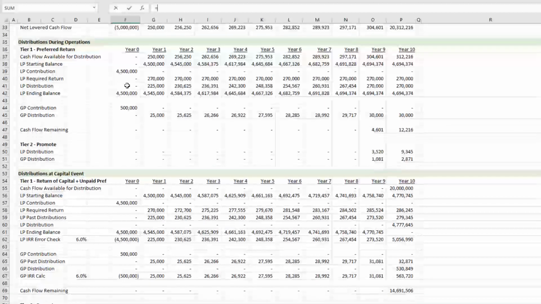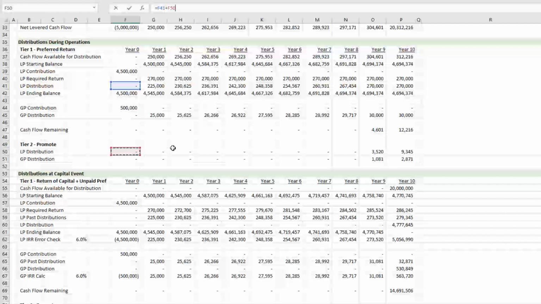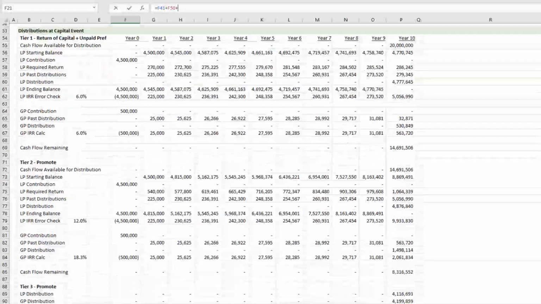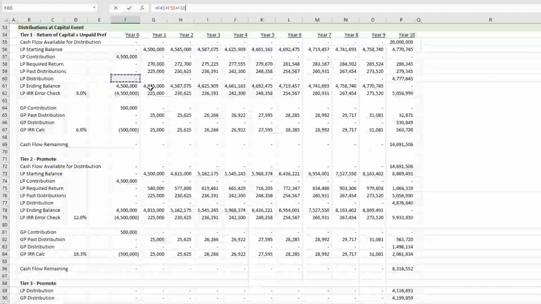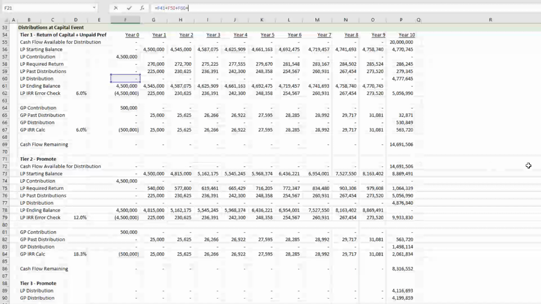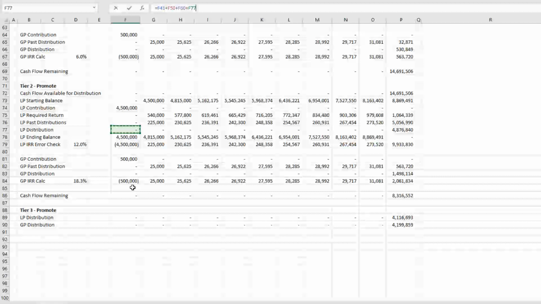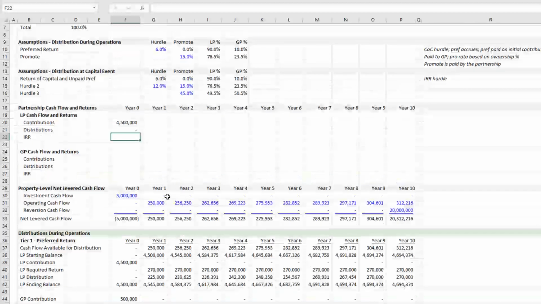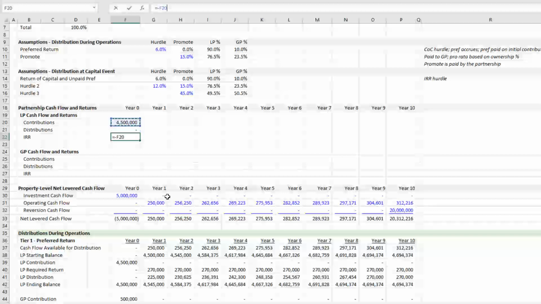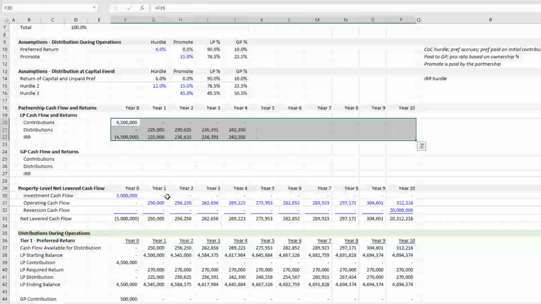So we take LP distribution in the first tier during operation plus LP distribution in the second tier during operation plus LP distribution in the first tier at capital event plus LP distribution in the second tier at capital event plus the LP distribution third tier capital event. Okay. And then we can do the LP's net cash flow line, negative contribution plus distributions. Fill these all the way out to the right.